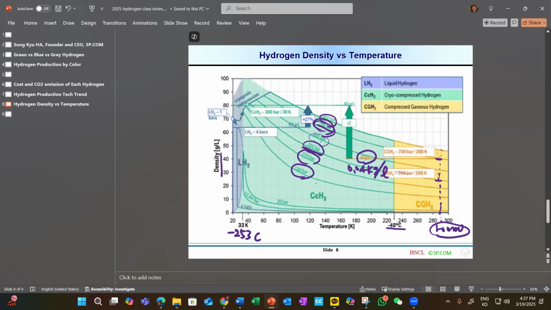This is a very important number. At 350 bar, the density will decrease to a certain level, but as you can see, this is a very important characteristic.